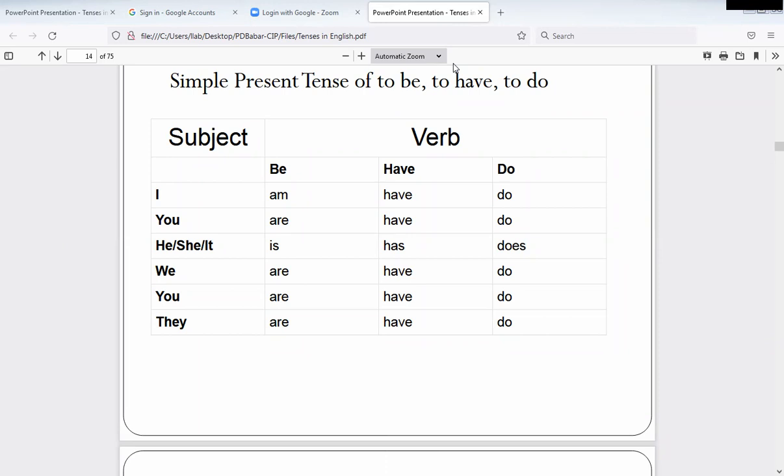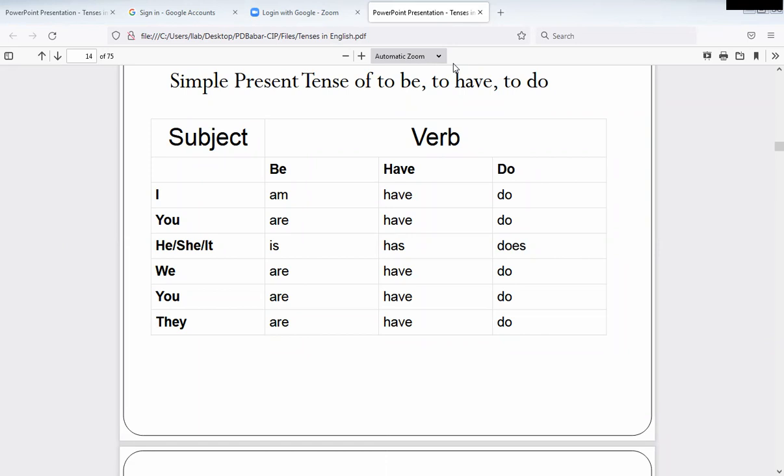After I, we, you, and they, and for he, she, it, we have to use has as a form of have. Then the do form that we are using after you is do itself.